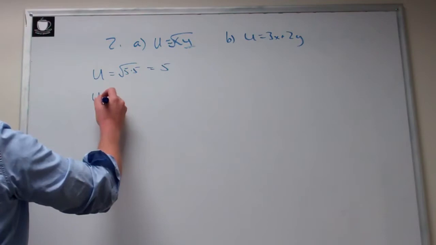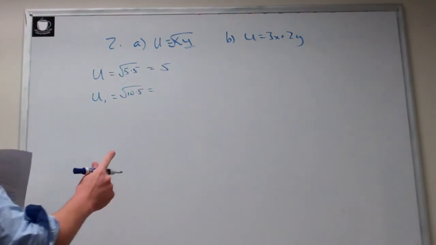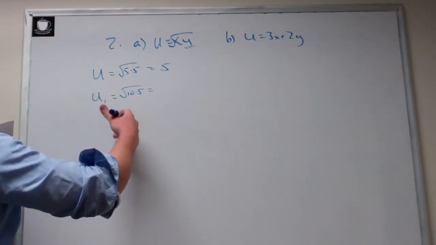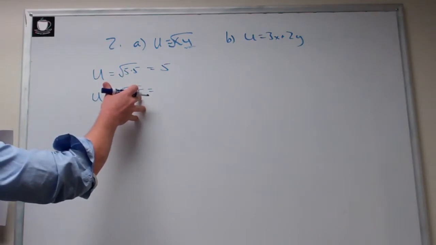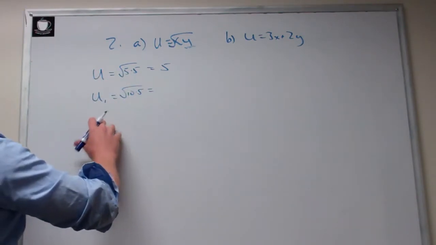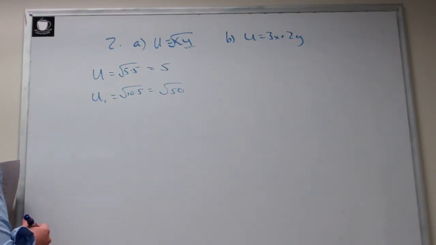Then utility changes, it increases, but at a decreasing rate as I give this consumer more X or more Y. So what we're doing is holding the amount of Y constant for the consumer and increasing the amount of X, and what we see is that utility increases to radical 50.